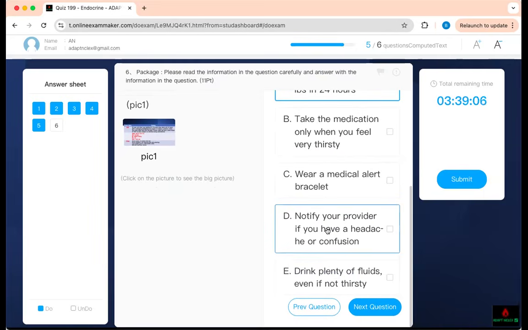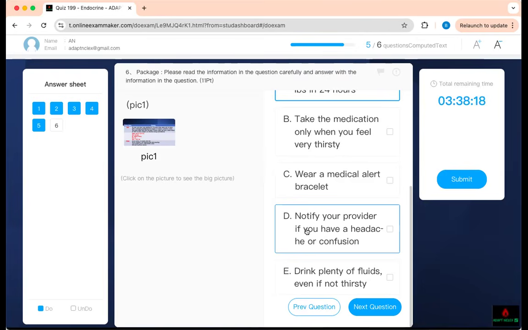Wear a medical alert bracelet, right? There's a reason why they should wear a medical alert bracelet. What do you think? Because DI always looks like DKA, right? A lot of urine, and then polydipsia, they want to drink a lot of water, they're dehydrated.